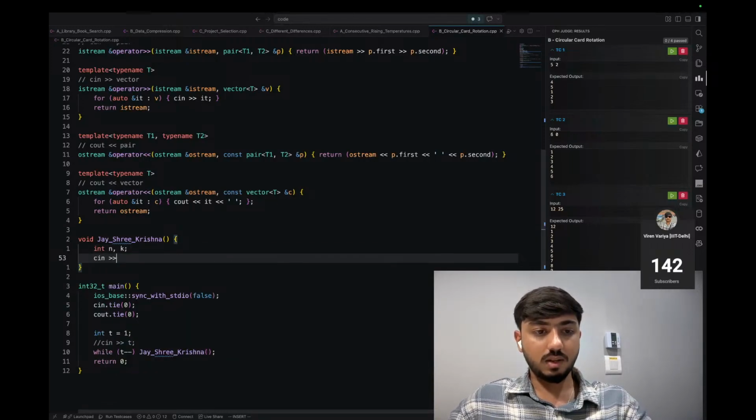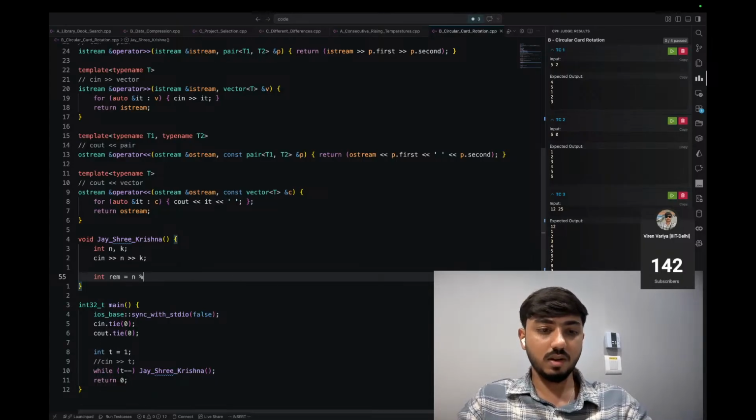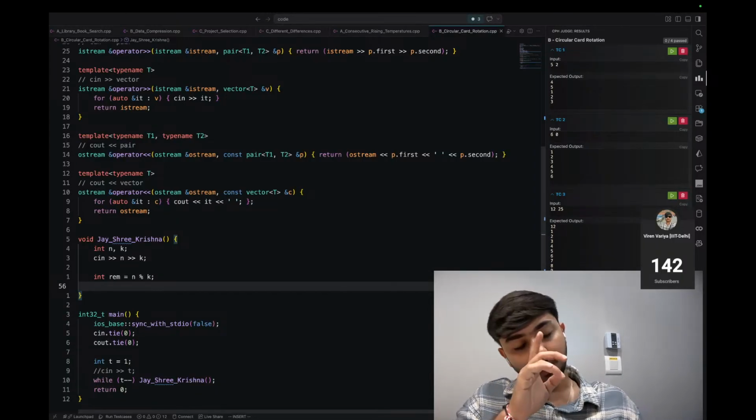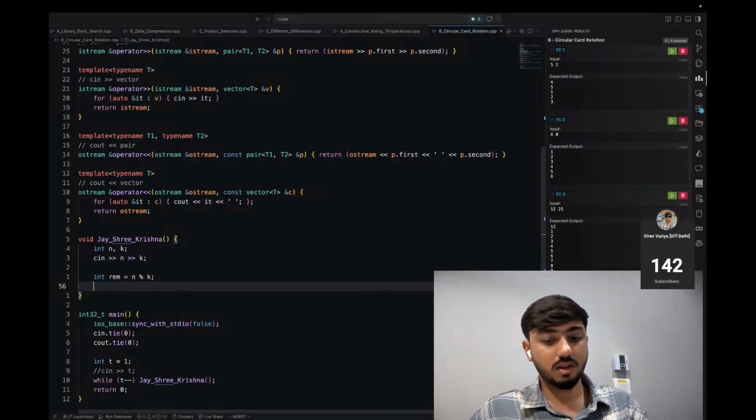Let me find the remainder of K. So this is the shift we will get.